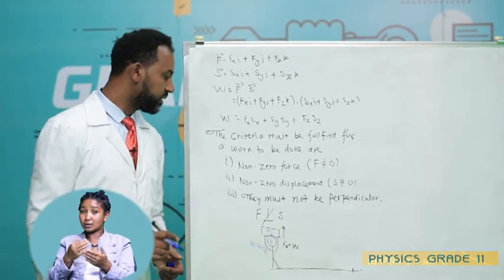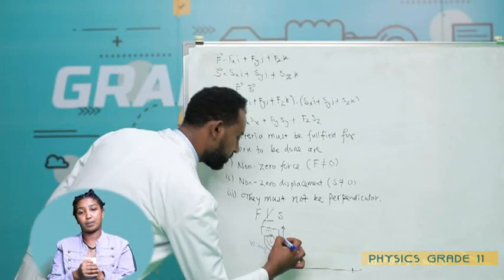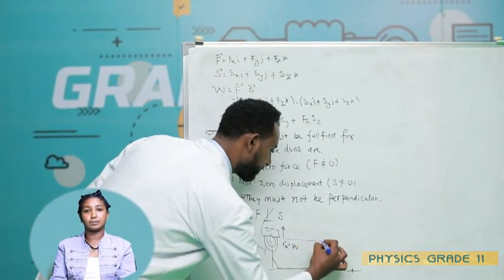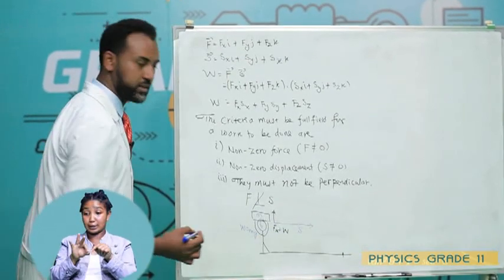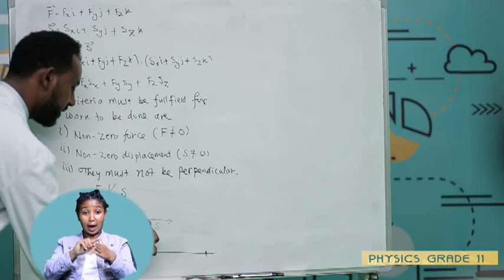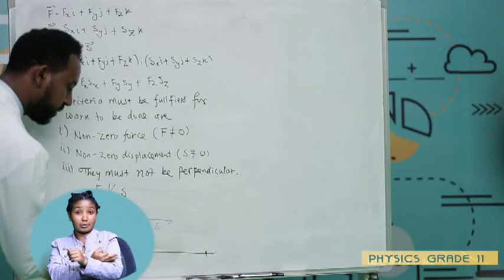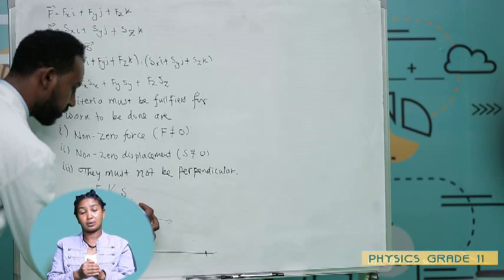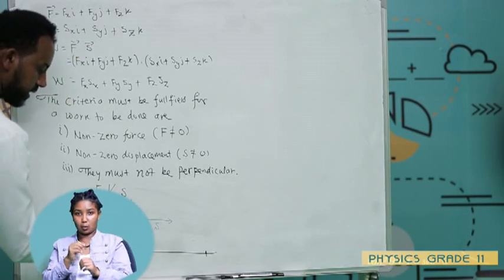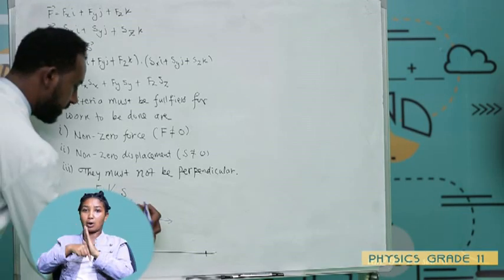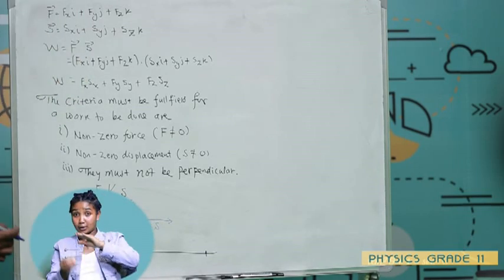Is the object moving along the force? No. The object is moving to this side. This is a displacement S. Therefore, the angle between the force exerted by the man, the normal force, or the downward force of gravity, and the displacement is 90 degrees.